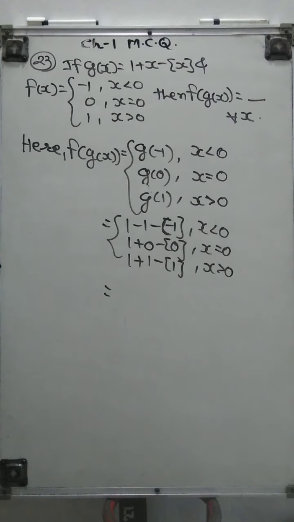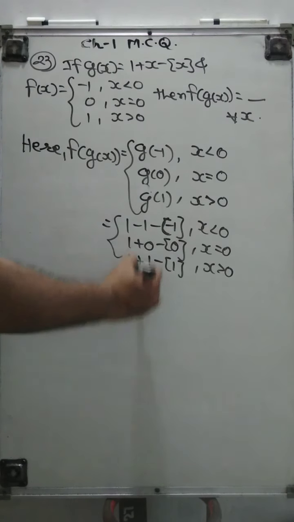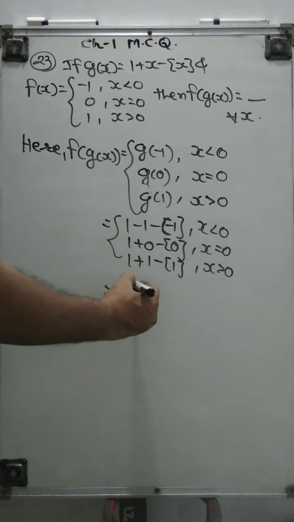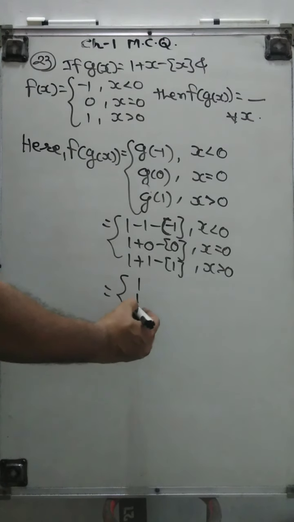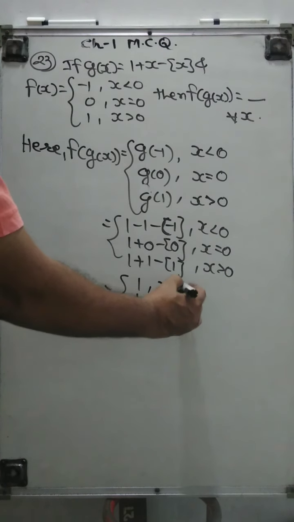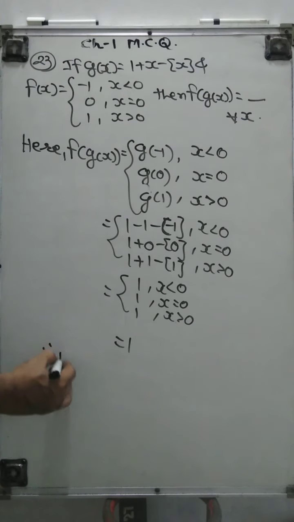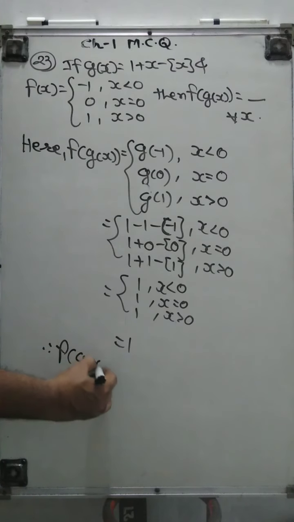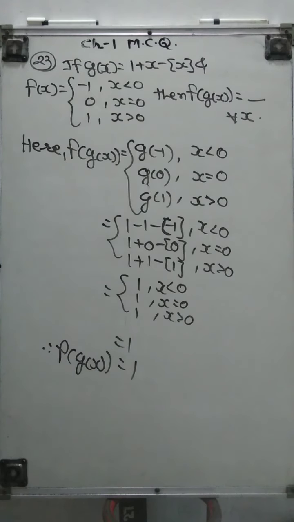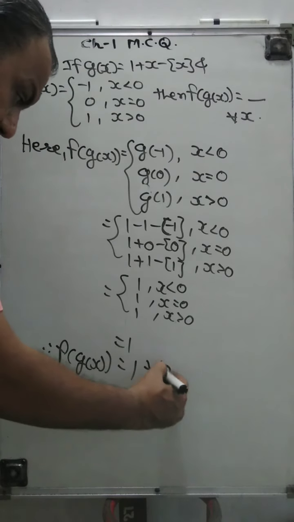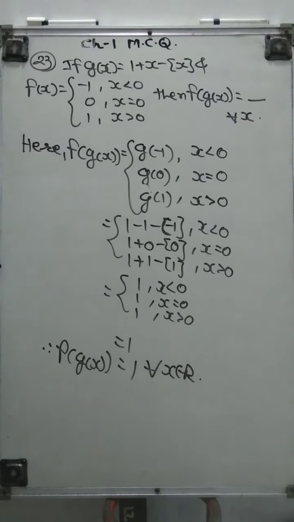So the answer is always 1. So we can say that f(g(x)) is always 1 for every x belonging to R.